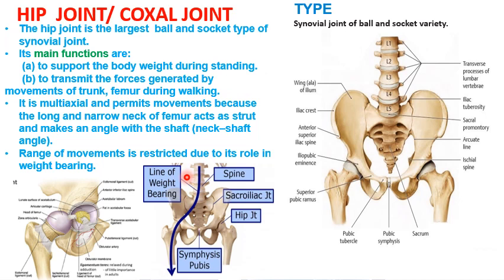And it is multi-axial, so it permits movements because of the long and narrow neck. Here you can see, it acts as a strut and makes an angle with the shaft of the femur, which is called the neck shaft angle, which is very important to determine the range of movements.